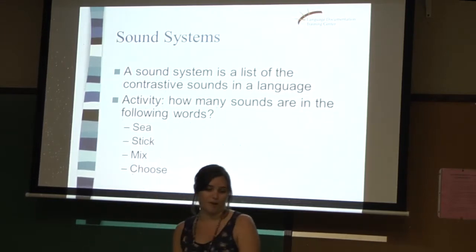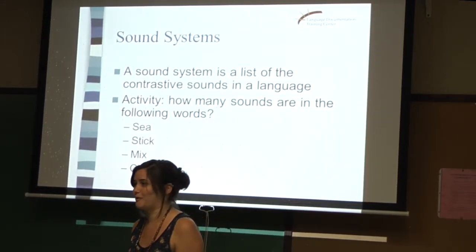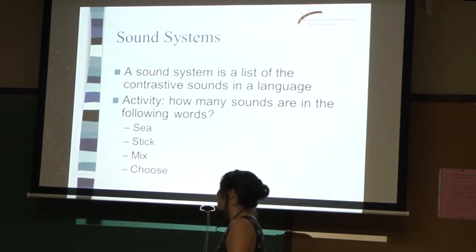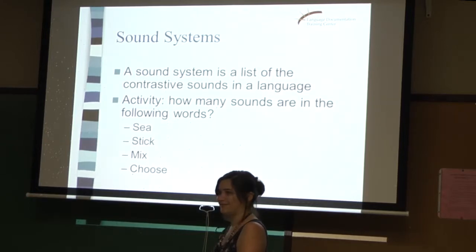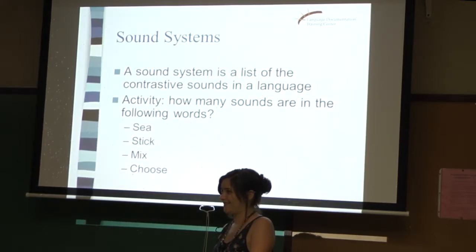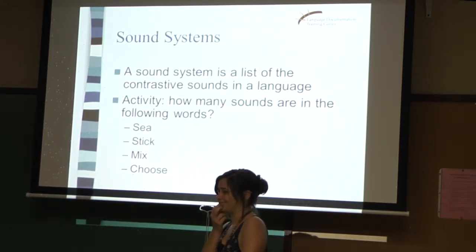Okay. Do we want to do the fourth one? Okay, how many sounds are in the fourth word? 3? What's the first one? Are we sure about that? For English, yes. Okay, alright. I think you're all wrong.